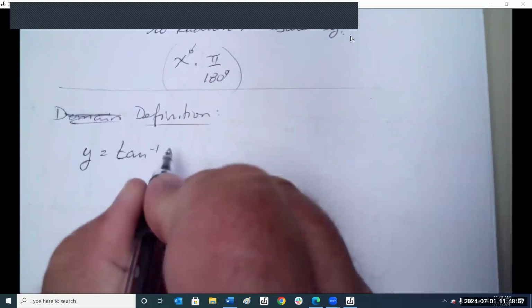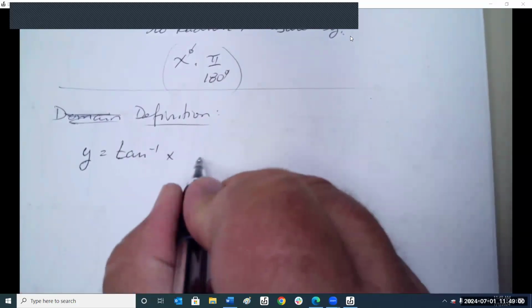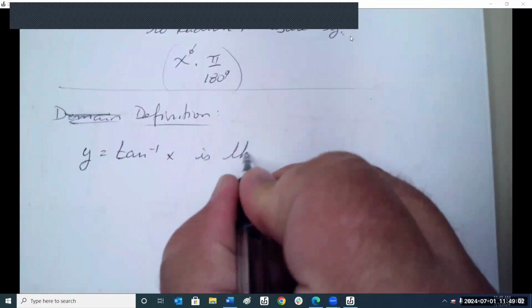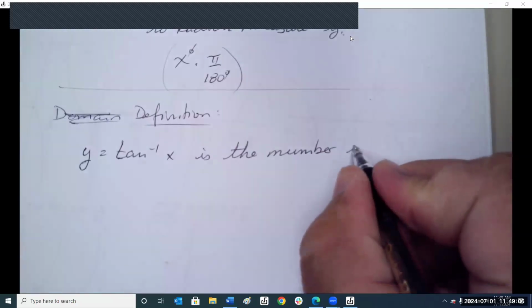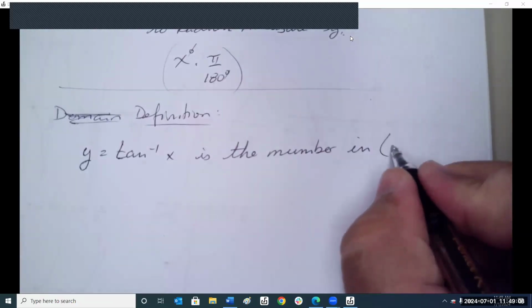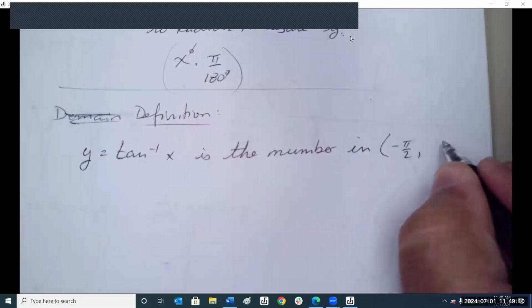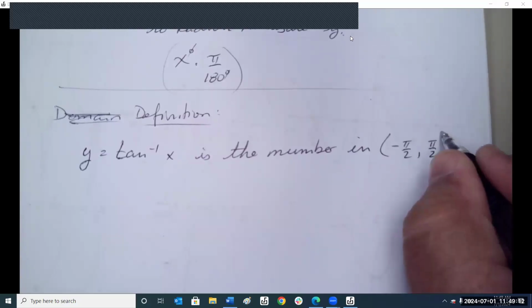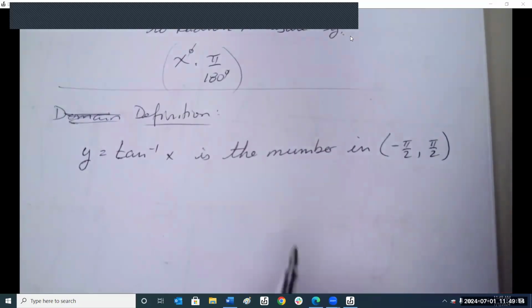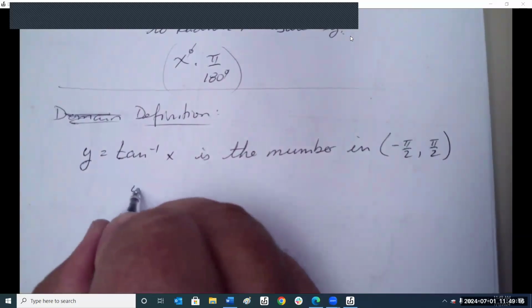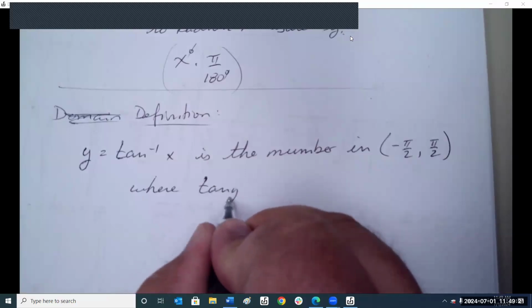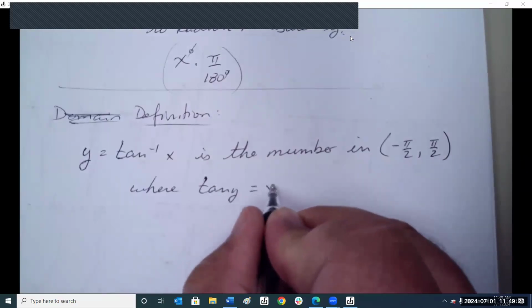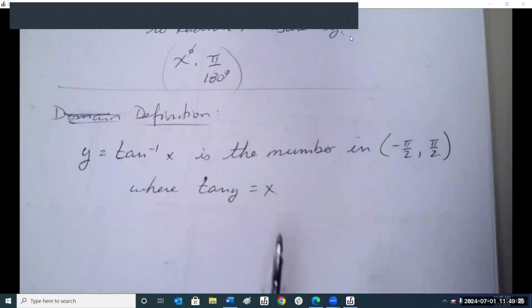Y equals the inverse of tangent of x is the number in the open interval negative pi over 2 to pi over 2, where tangent of y equals x, where the tangent of the answer equals the angle, or the radian.